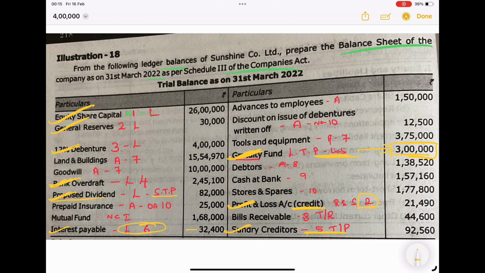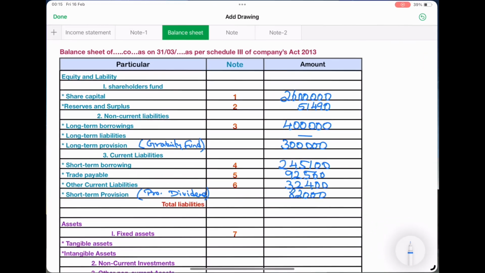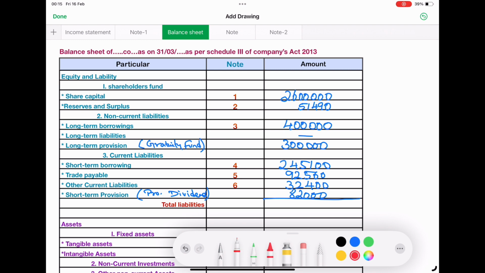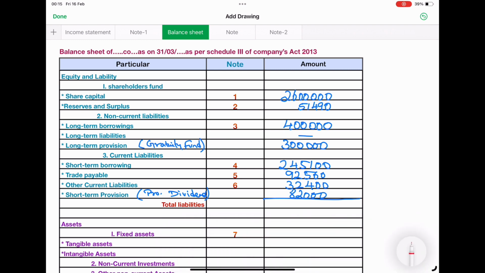Okay, now we'll total the liability. Let's see how much will be the total value. If you add all these values, our value should match with the assets total.